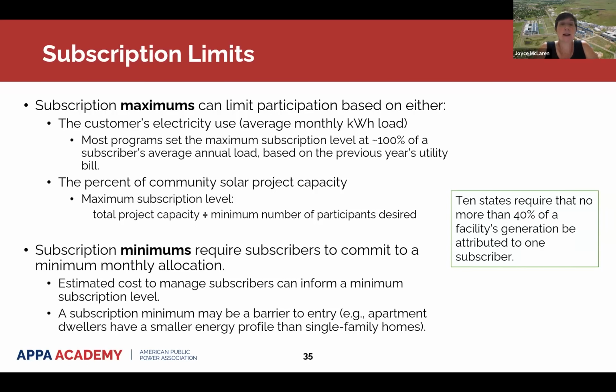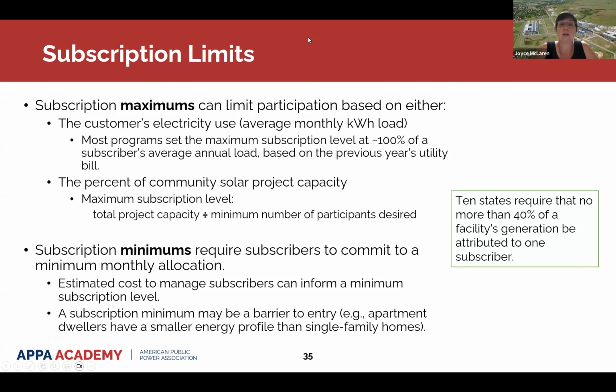So the next design element is the subscription limits. You can have subscription maximums or minimums. Subscription maximums can limit the participation of a single customer based on a number of different things, depending on how you want to design it.